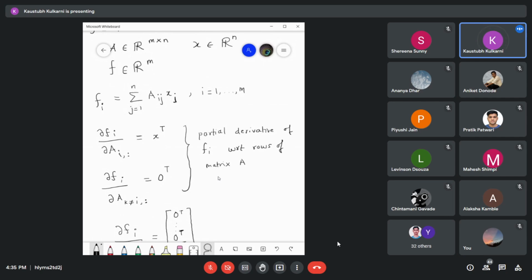And if the row number is other than i, then the row will be a row of zeros.